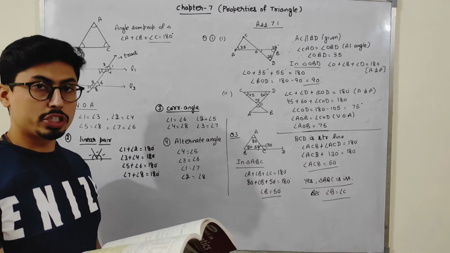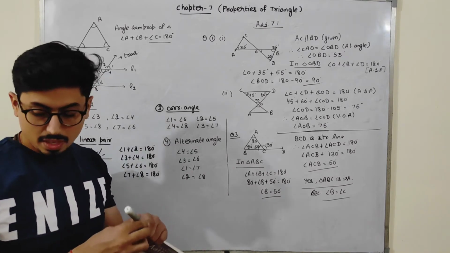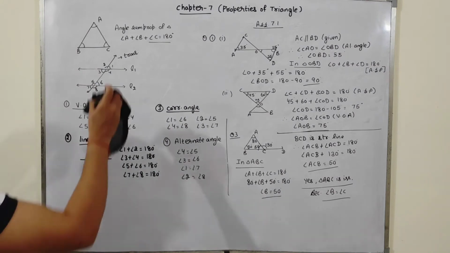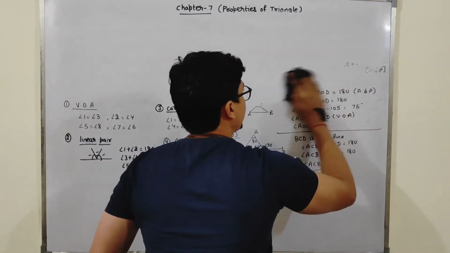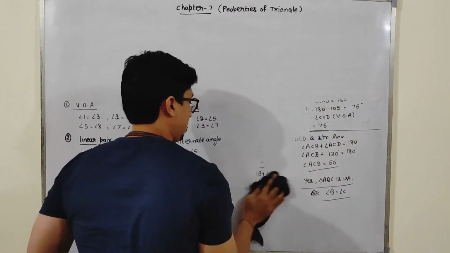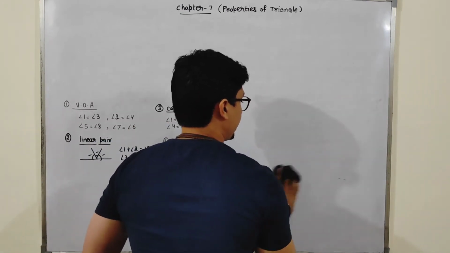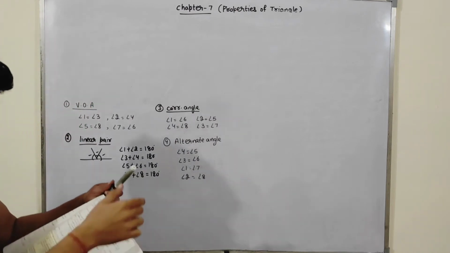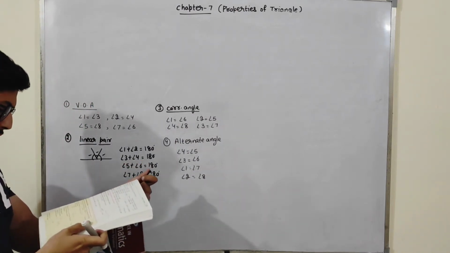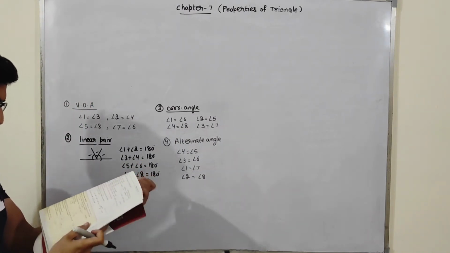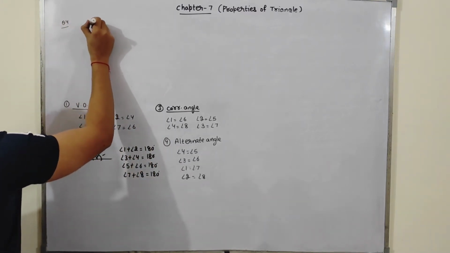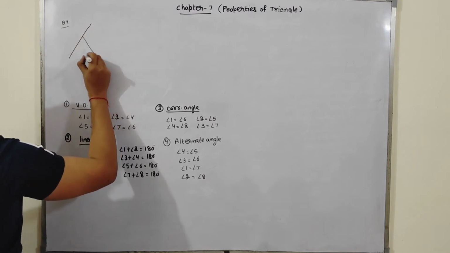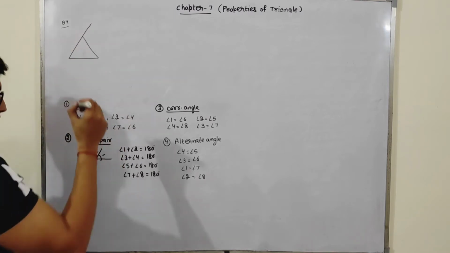Now moving forward to the question number 4. See students, what is question number 4? See, a figure is given to us. Find all three angles of the triangle. Okay. See, in question number 4, students, this is the figure.